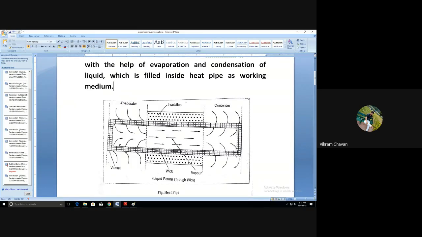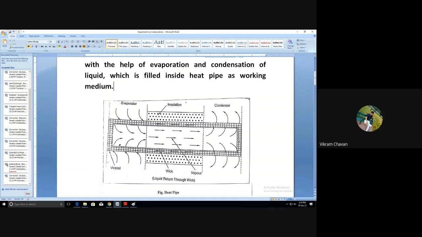So that tilt, or this raising of the condenser side above the location of the evaporative side, will be considered a favorable tilt. When this heat pipe is vertical, at that time we will get the maximum efficiency.